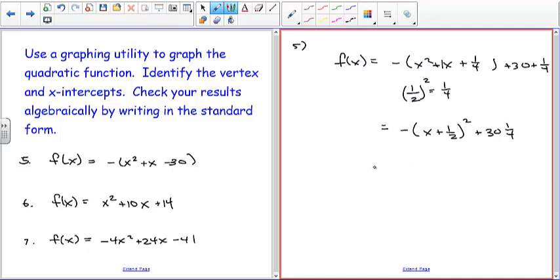So the vertex is at x equals negative 1/2, and then you have the y value. So those match up pretty close, except we didn't zoom in, so we didn't know if it was exactly 30. So that's the vertex, and then the x-intercepts.